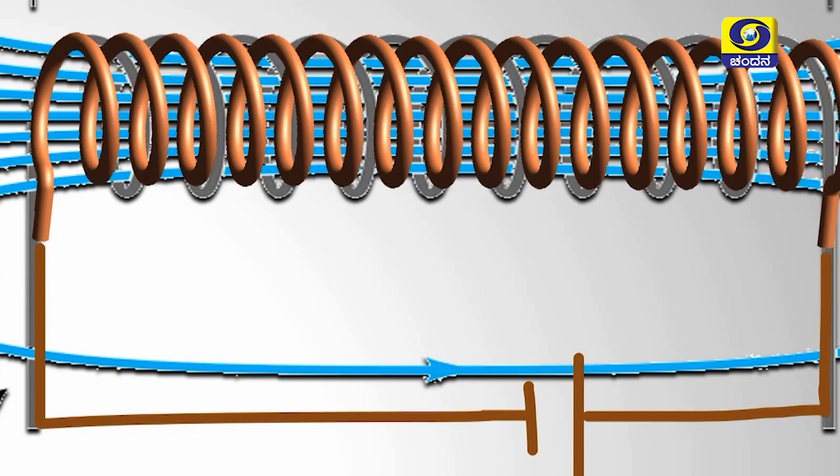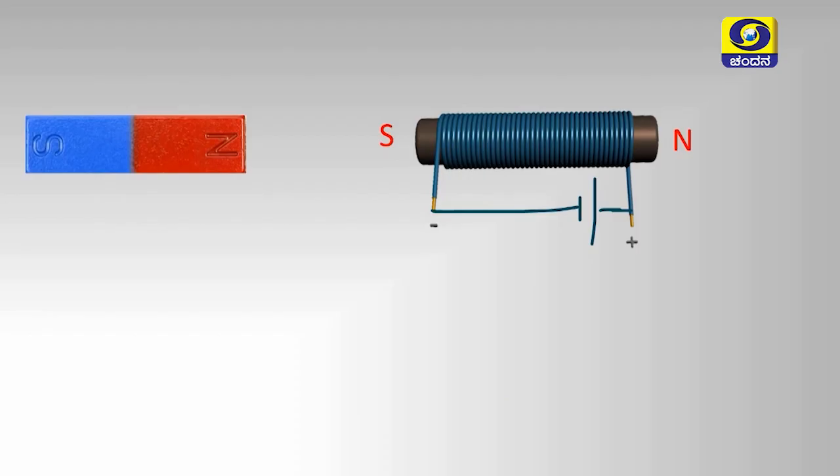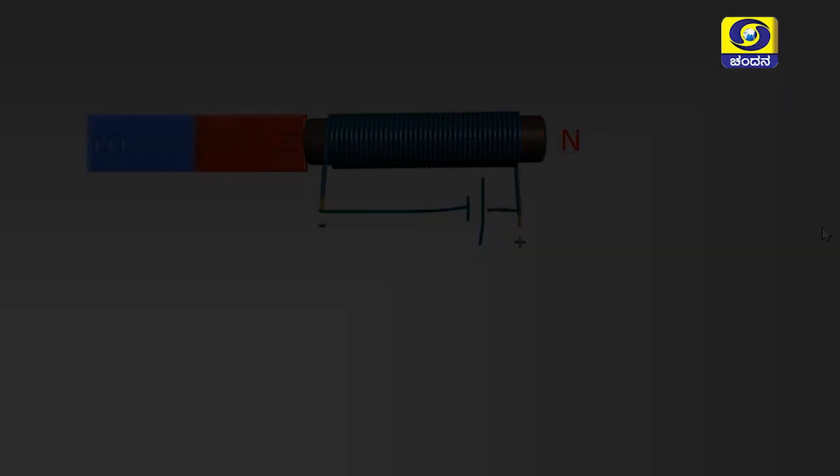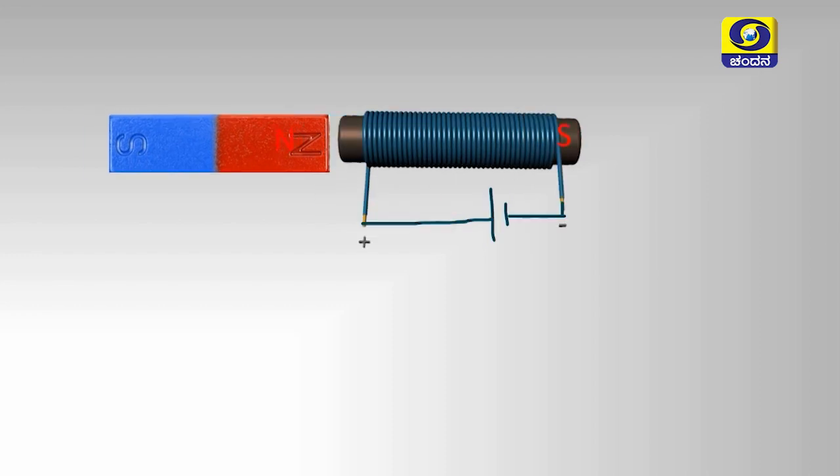Now, what we are going to do is, we are replacing one of the magnets in the initial activity with this electromagnet. We know that the ends of the electromagnet can act as poles of a bar magnet. So, here are two magnets which are nearby. Like the magnets behave, these also behave. Unlike poles attract each other and like poles repel each other.